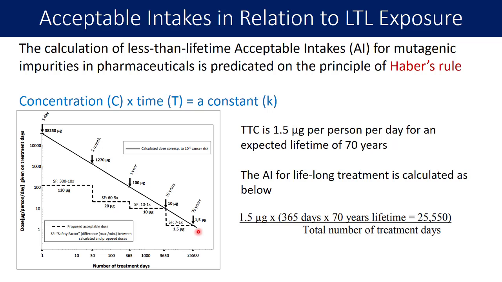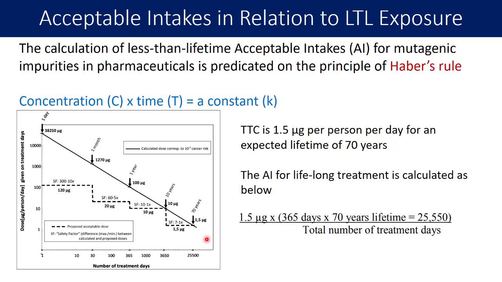So the expectancy can be similar if 38,250 micrograms is given once in a life, 1 day; 1270 micrograms over a period of 1 month, 100 micrograms over a period of 1 year, 10 micrograms over a period of 10 years, and finally 1.5 micrograms over a period of 70 years. One human being can get affected by a tumor out of 1 lakh treated human beings. 1 in 1 lakh. That is the very conservative approach.